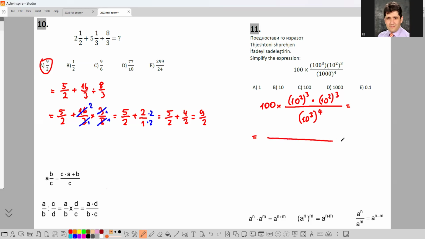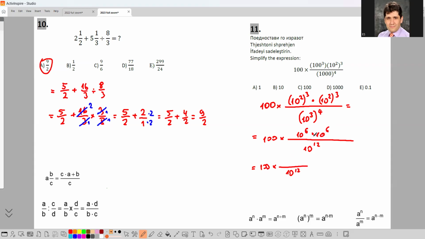Let's continue. This would be 100 times, well, in the denominator, 10 cubed to the power 4 is 10 to the power 12. And here you have 10 to the power 6 times 10 to the power 6, which makes 100 times 10 to the power 12.